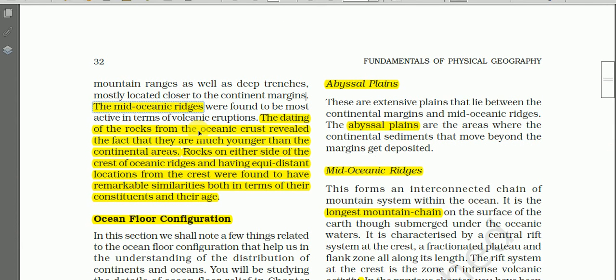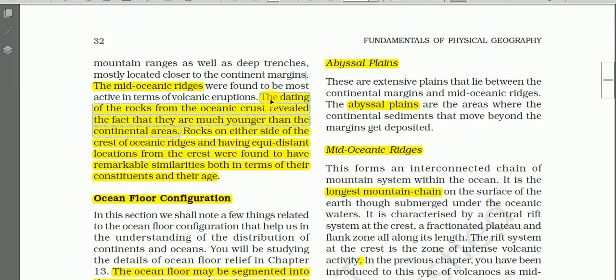The dating of rocks from the oceanic crust reveals that they are much younger than the continental areas. We have learned a method also, that is radiometric dating.